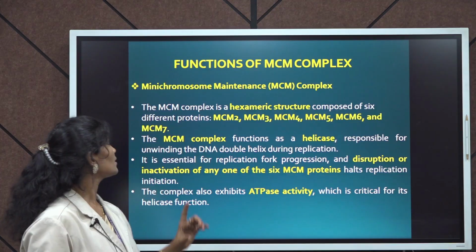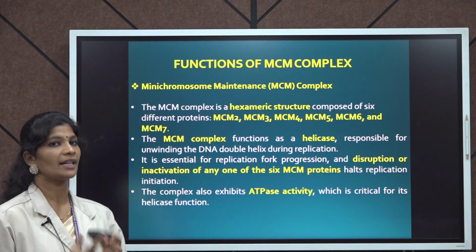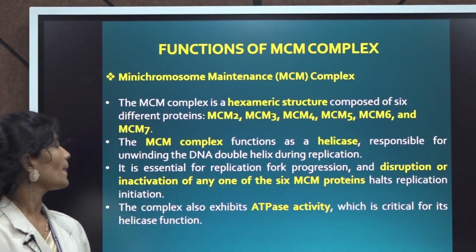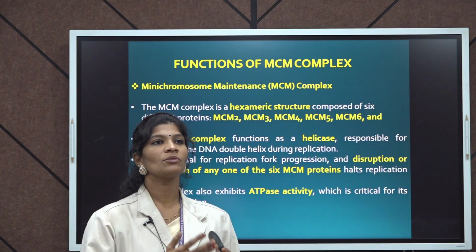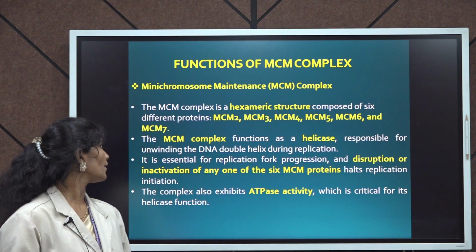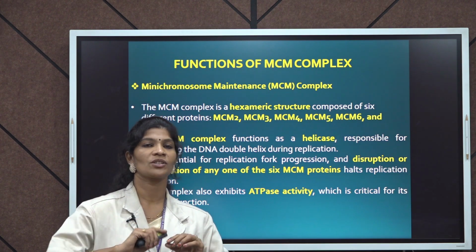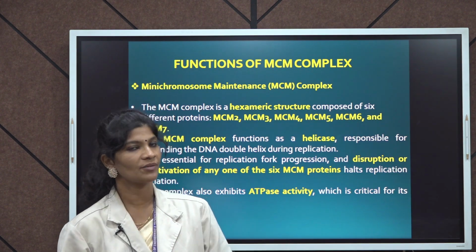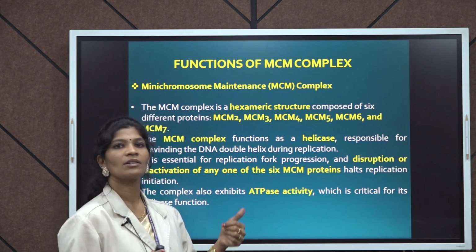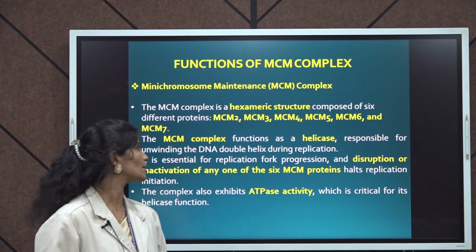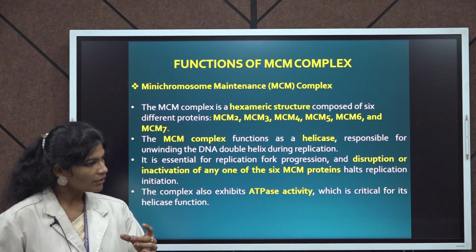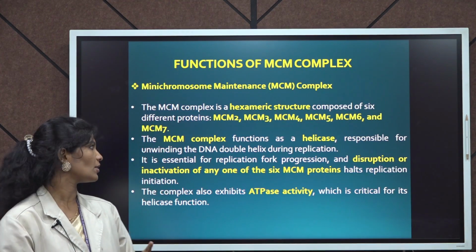Another complex which needs tight regulation is the MCM complex. It is of 6 types, MCM 2, 3, 4, 5, 6 and 7, and this MCM complex functions as a helicase which unwinds double stranded DNA into single stranded DNA, right? It helps in the formation of the replication bubble, and it also helps in replication fork progression.